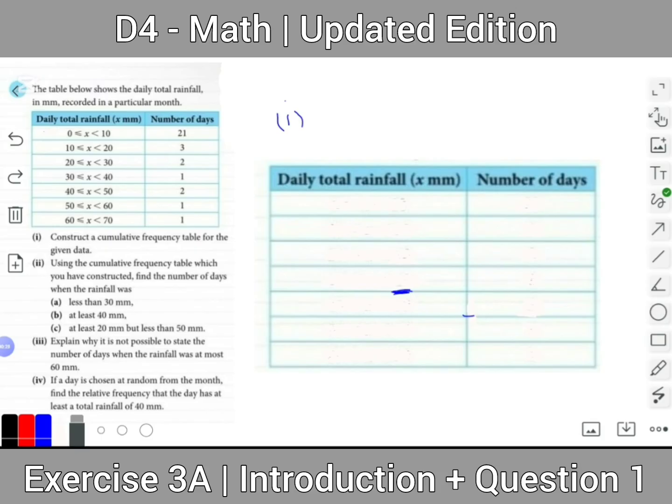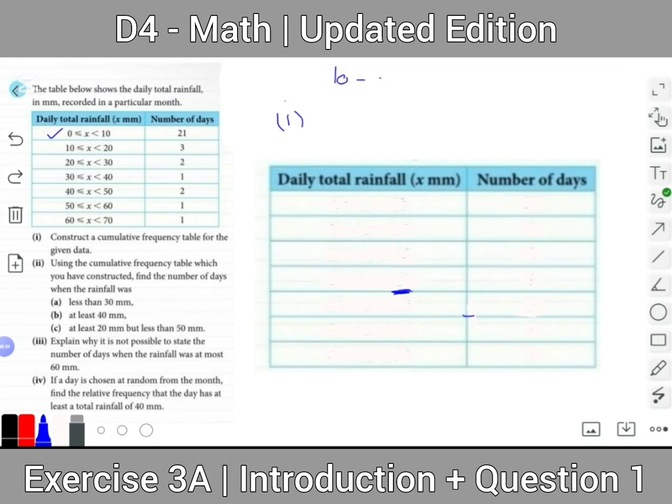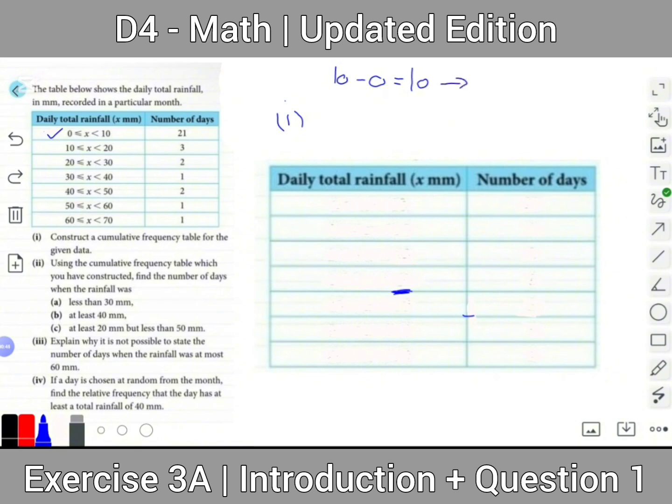How did we come to know that the class size is 10? We subtract the lower limit from the upper limit of the first class interval. So the upper limit is 10 minus the lower limit 0, and our answer will be 10. So this is the class size, and this class size is the same for all the class intervals.